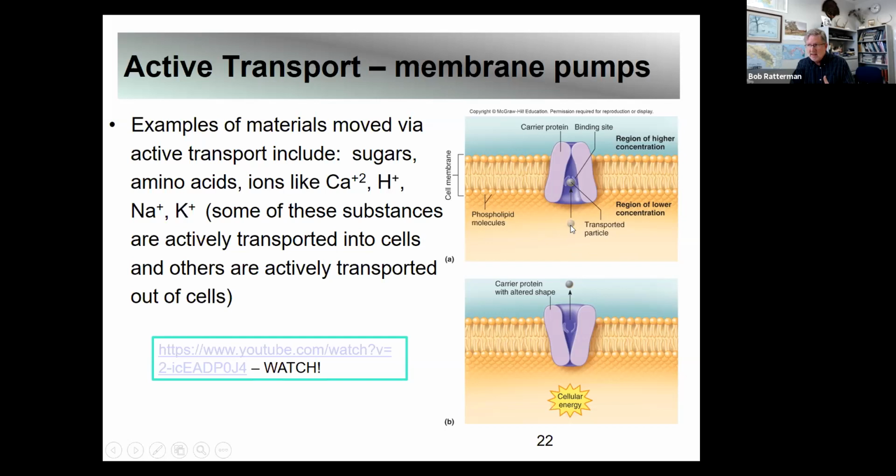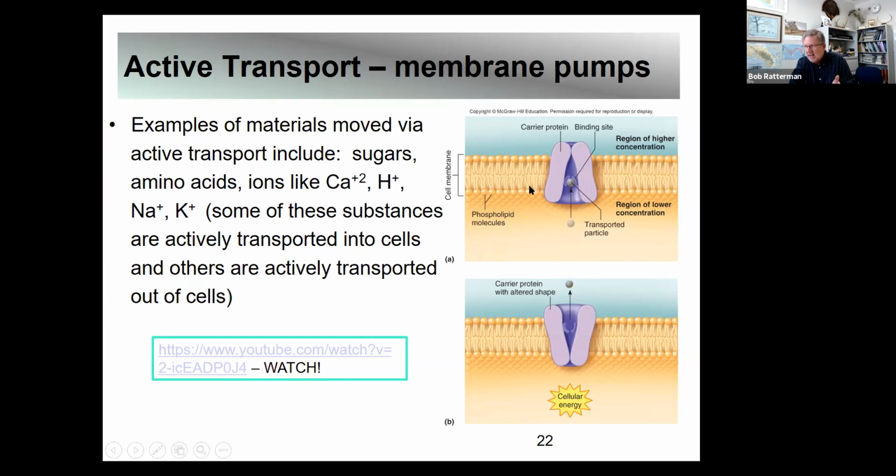And so what really ends up happening, and this is getting into more detail than you probably need to know, but the particle actually bonds to a specific receptor site here on the carrier protein, and then ATP comes on board. It's degraded, and that changes the shape of the protein, which in turn kicks the particle out or into the cell, whichever has the higher concentration.